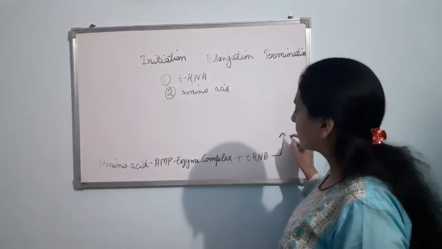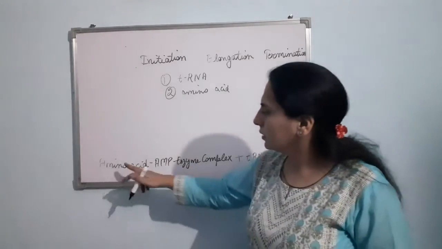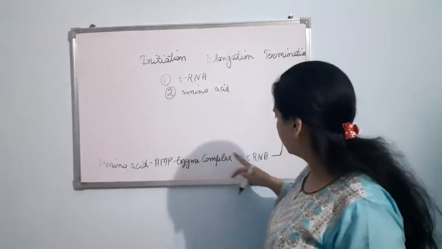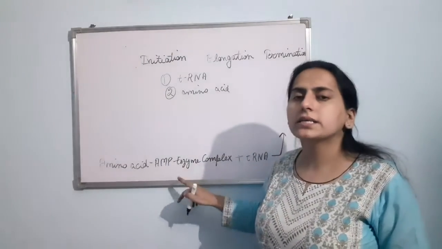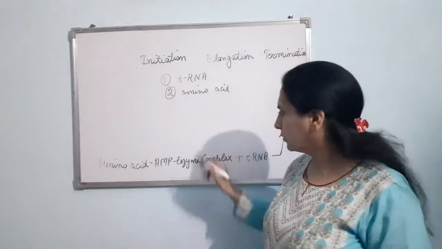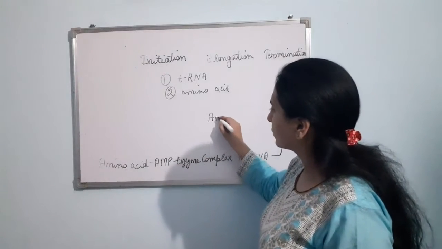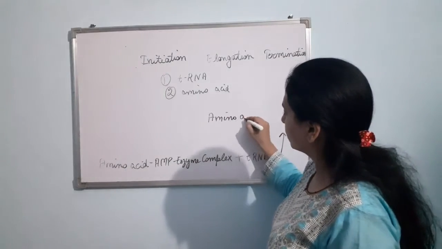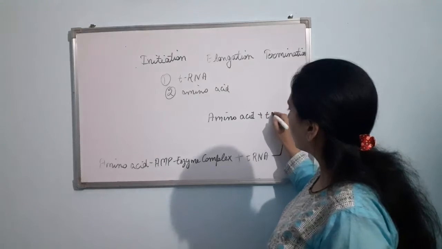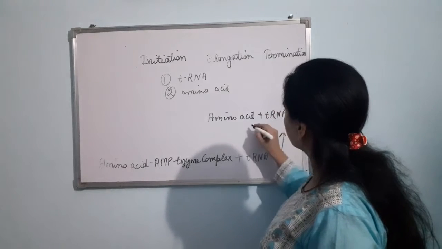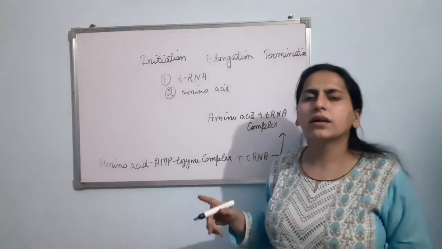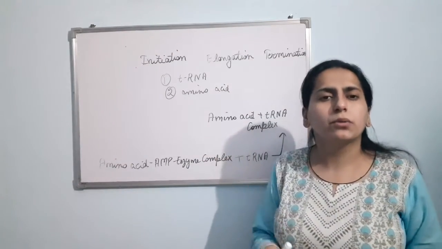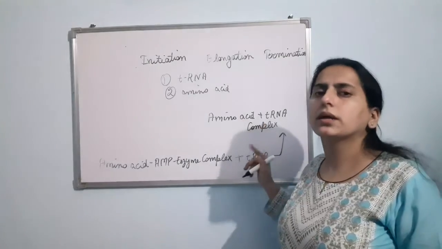And it results in the formation of amino acid tRNA complex. Okay, the AMP and enzyme will be released out. Amino acid tRNA complex. The same enzyme that was used in the activation of amino acid has been used here as a catalyst.